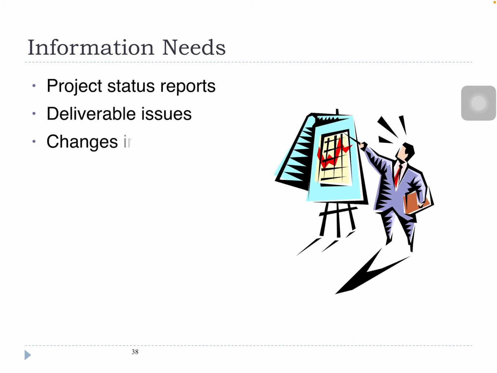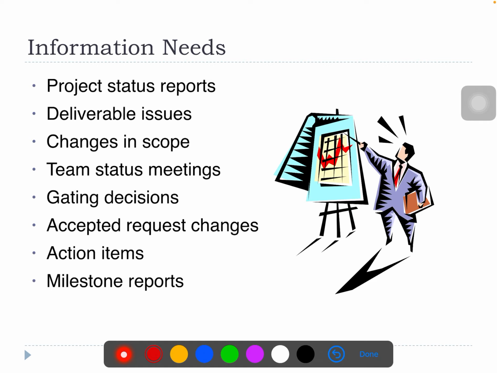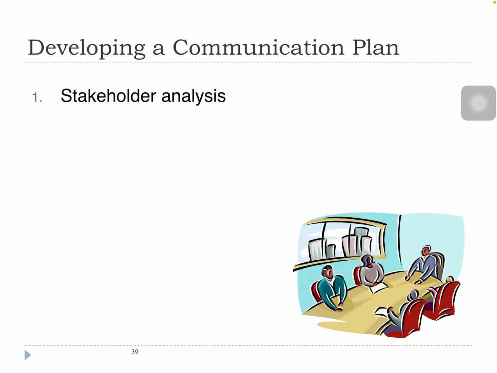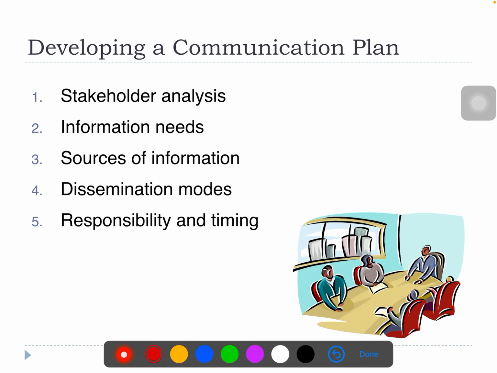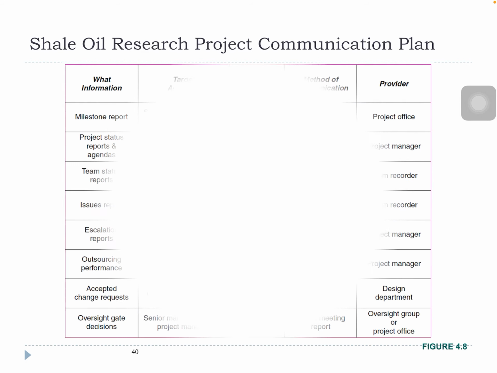Next, information needs. It will tell you about the project status, the deliverables issues, the changes in scope, the team status meeting, the gating decisions, accepted request changes, action items, and milestone reports. So in developing a communication plan, we need to have a stakeholder analysis, information needs, sources of information, dissemination modes, and responsibility and timing.